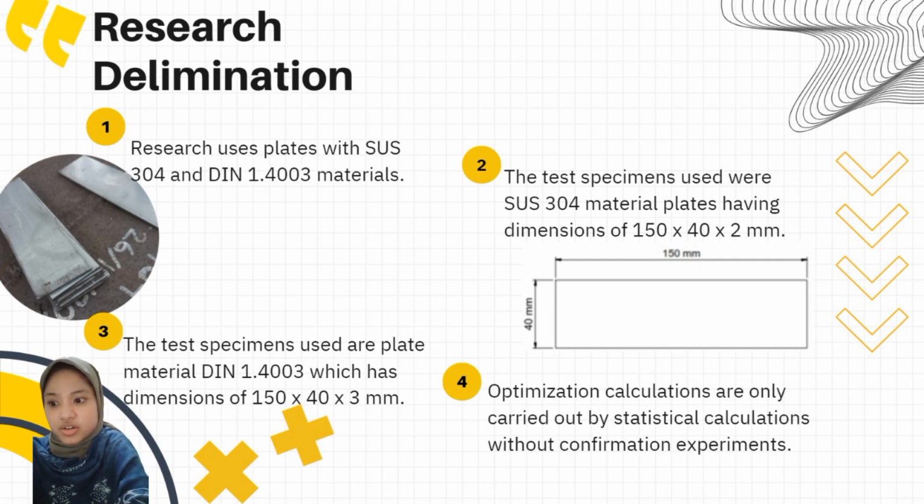And for materials DIN 1.4003, which has dimensions same 150 mm, 40 mm, but the materials DIN have 3 mm.